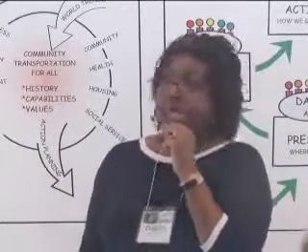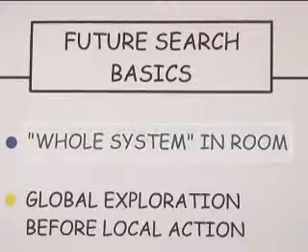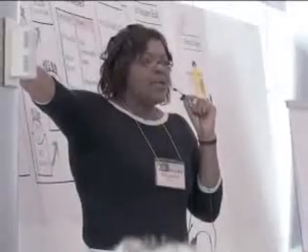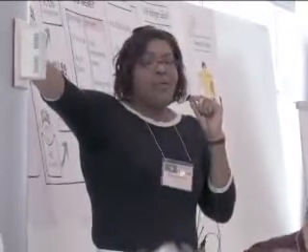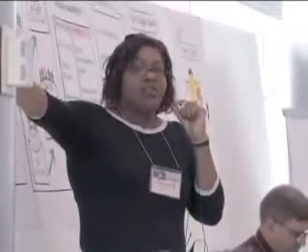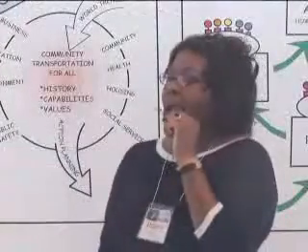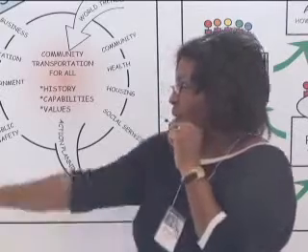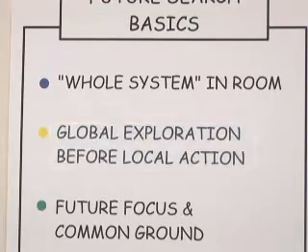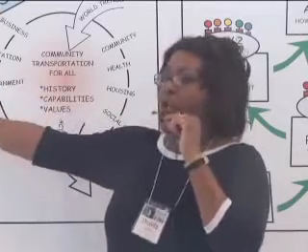So, here are the conditions or the basics for a Future Search conference. You try to get the whole system in the room. That's why we have 8 stakeholder groups, and at least 8 people in them. We're trying to get the whole system, or as much of it as realistic, in the room. We globally explore. That means we take a broad view before we take a local view.